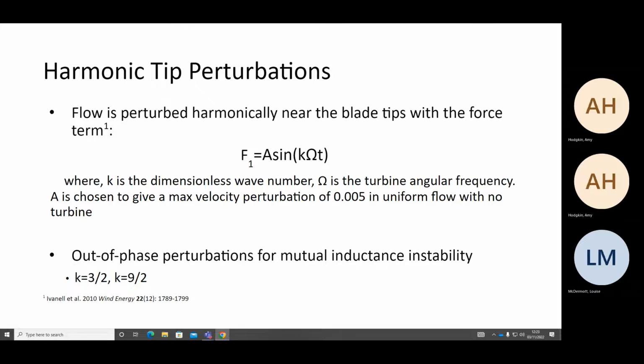And we add this force term into the momentum equation. The key thing here is K, which is the dimensionless wave number. So if we have K as 1.5 or 4.5, and other numbers as well, but those are what we're looking at, we get out of phase perturbations because we'll have 1.5 waves of the perturbation for every rotation of the turbine.